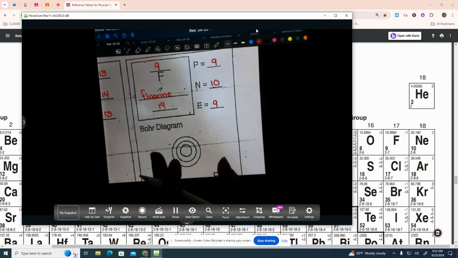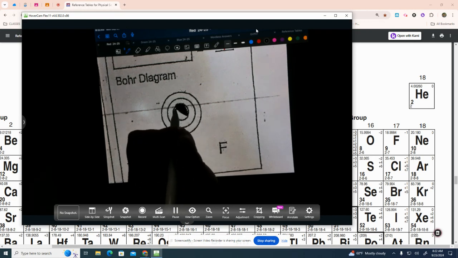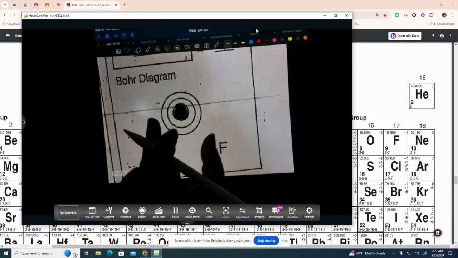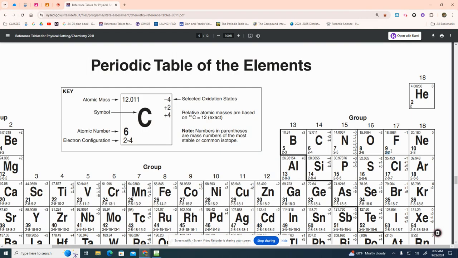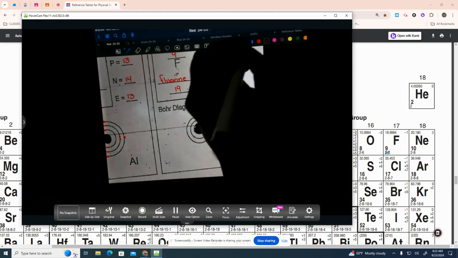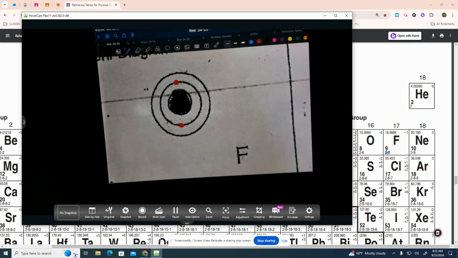Okay. Now, let's take the nucleus in the first energy level, and this is where coming back to here is going to help us. In the first energy level, how many electrons am I going to place in there? 1, 2.